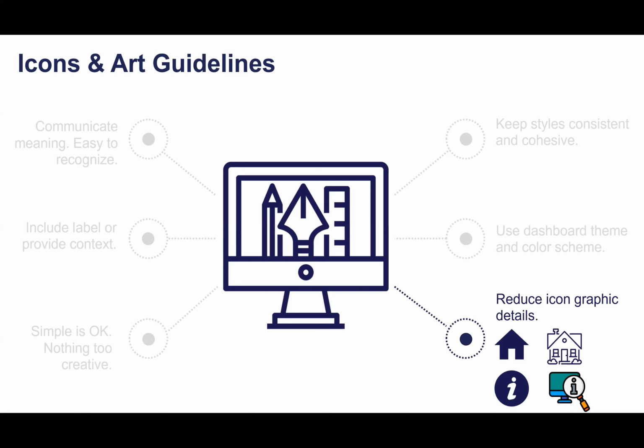What happens is that when you place that on a dashboard and you have small icons, these details are hard to see. Sometimes they may even appear very blurry. So it's better to be on the safe side and use fewer icon graphic details than to have a nice icon that has a lot of graphic details and it's harder for your end users to interpret what it is.